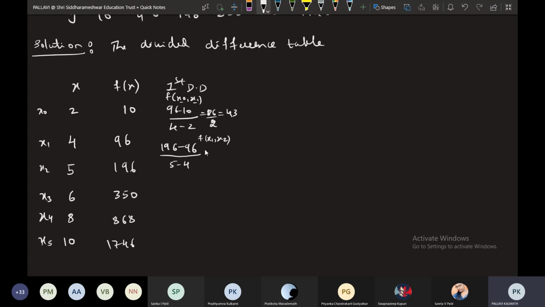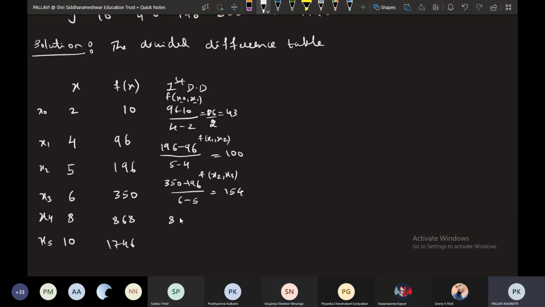So 196 minus 96 is 100. Next one: 350 minus 196 divided by x3 minus x2. This term is denoted as f of x2, x3. x3 is 6, 6 minus 5 is 1. So 350 minus 196 is 154.